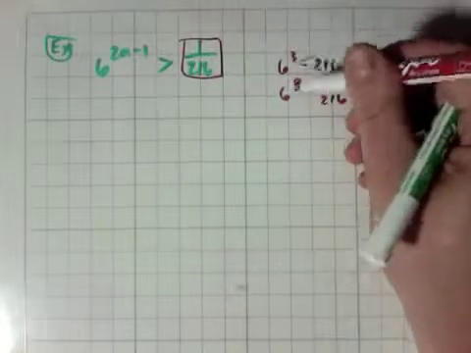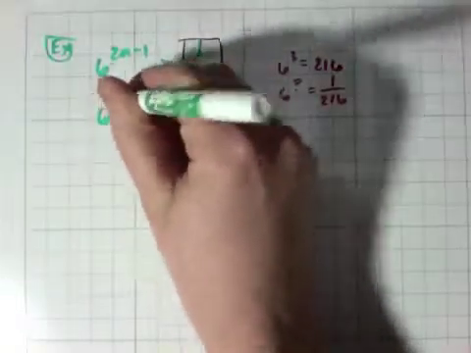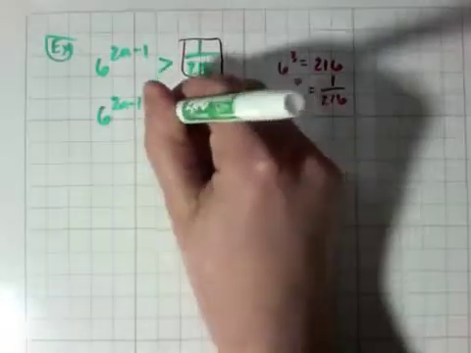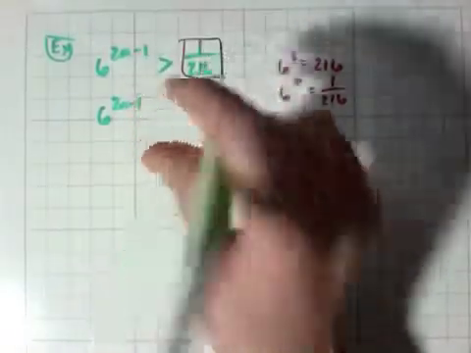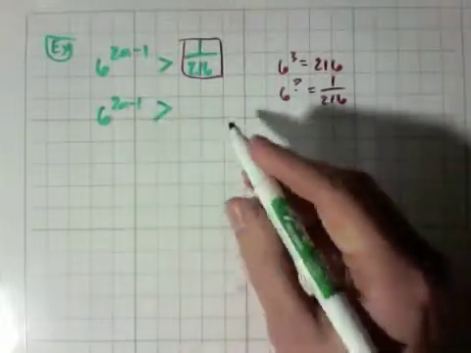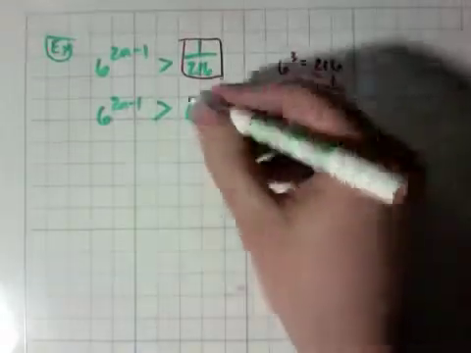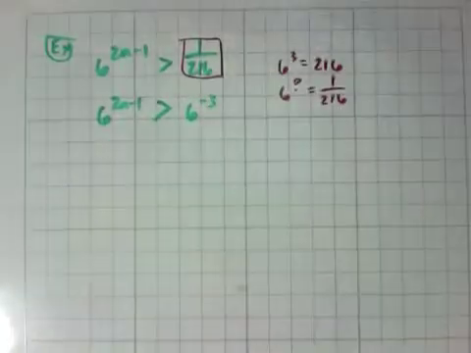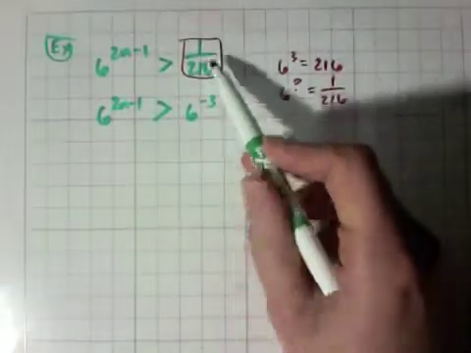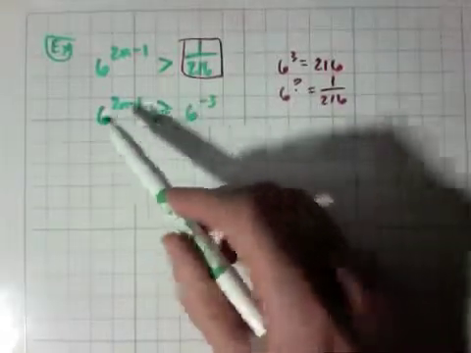Well, I would just have to make that exponent negative, so I could think of this as being 6 to the 2n minus 1 greater than, or when is this greater than, 6 to the negative 3rd power. Alright, so I'm rewriting that as a power of 6.